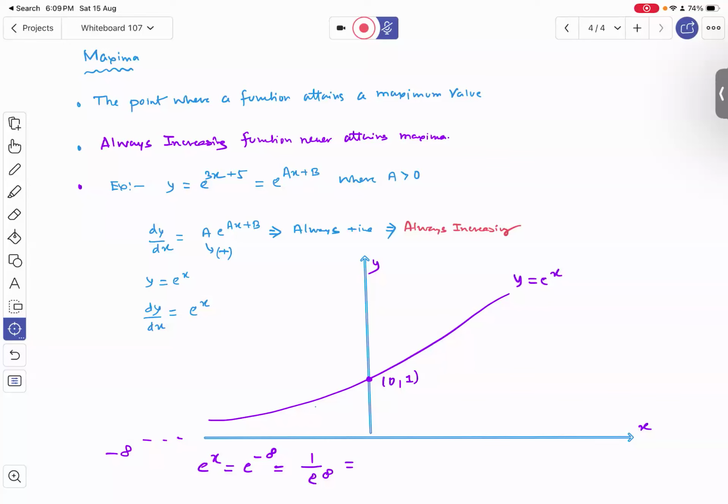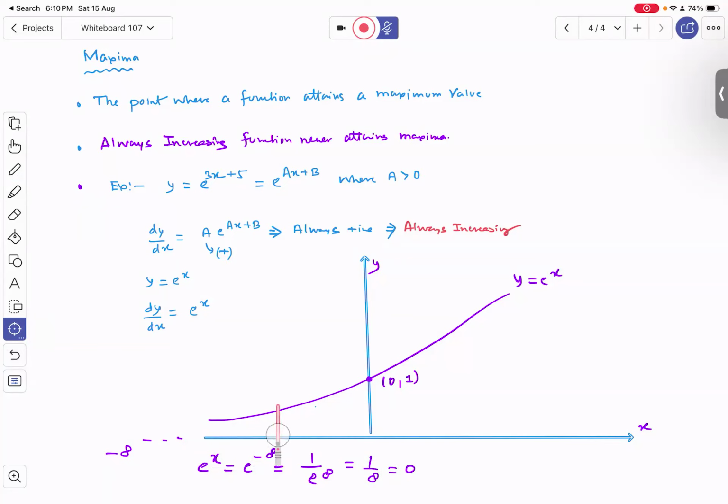What do you expect the answer to be? Infinity only, correct? So it's going to be 1 by infinity, and what is that? 0. So the more x approaches minus infinity, the more y becomes 0.